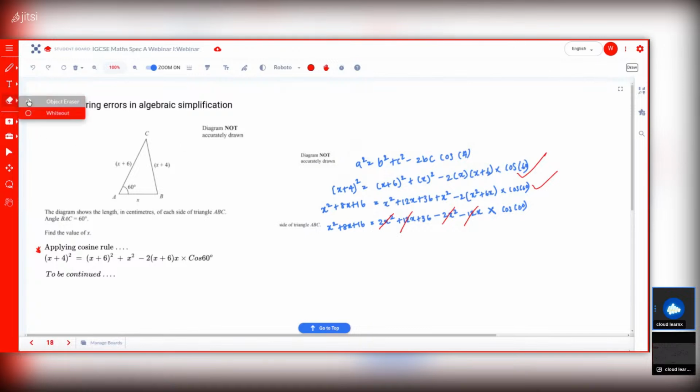You should be aware that it's always this part that's separate. That's a separate term in its entirety. This is one term, this is another term, this is another term. You want to completely simplify that, simplify that, simplify that, and then combine them. So the correct approach would be to simplify cos 60 and say it's half.